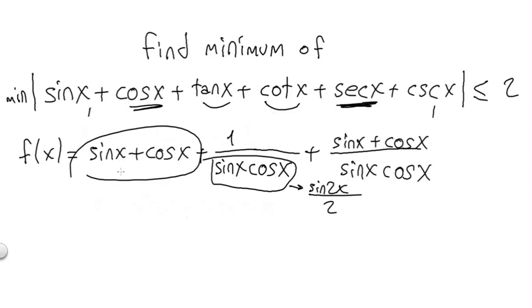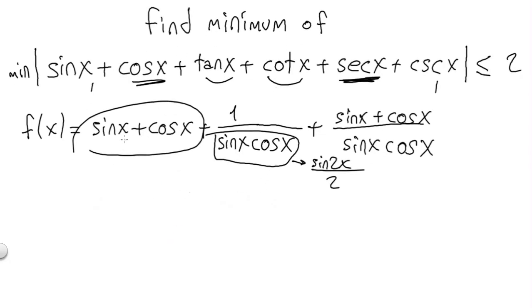So we are going to do a trick here with sine x plus cosine x. This is a very nice trick. What we can do is multiply it by 1 over square root of 2, and also multiply by square root of 2. So nothing changed.